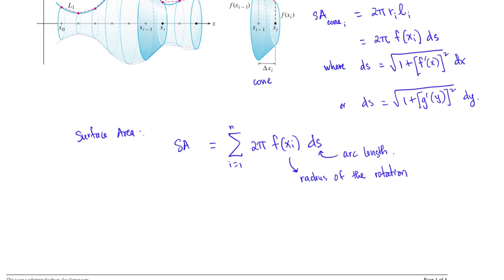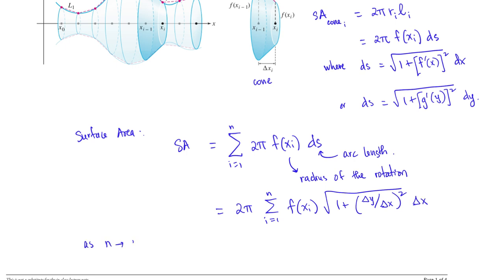We move 2 pi to the front of this summation. The sum goes from i equals 1 to n, f of xi, where ds is the square root of 1 plus f prime of x squared dx. Note that in the beginning, when we estimated the arc length, it was the square root of 1 plus delta y over delta x squared times delta x.